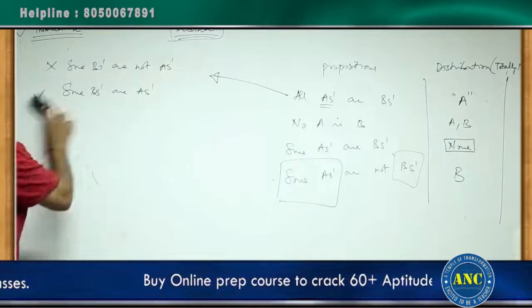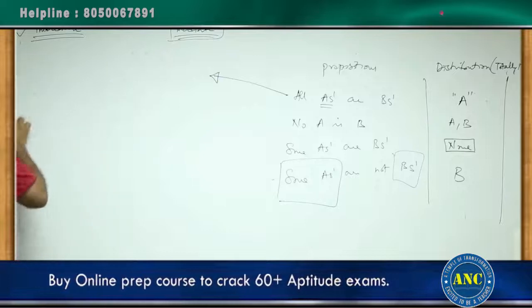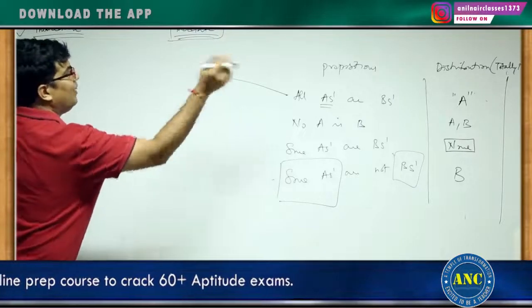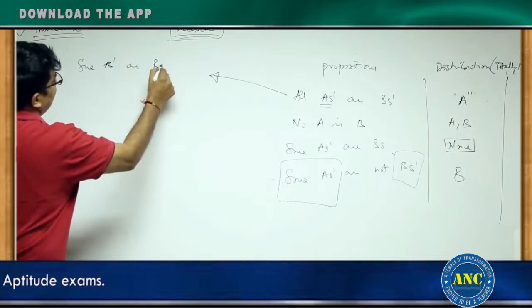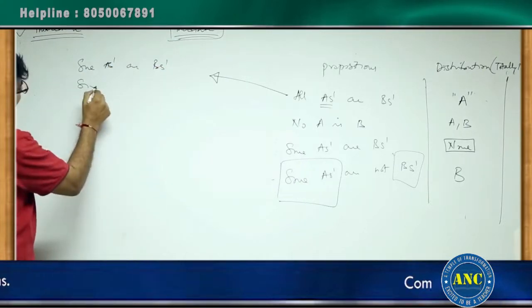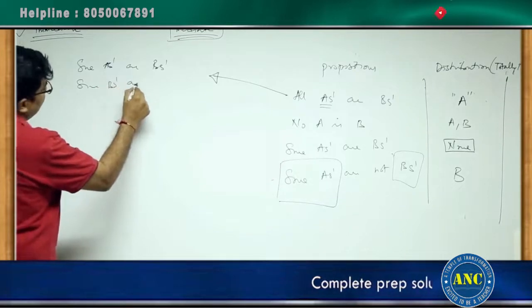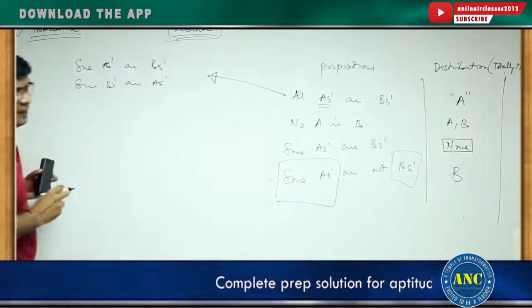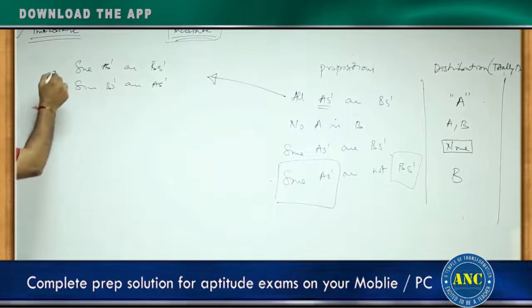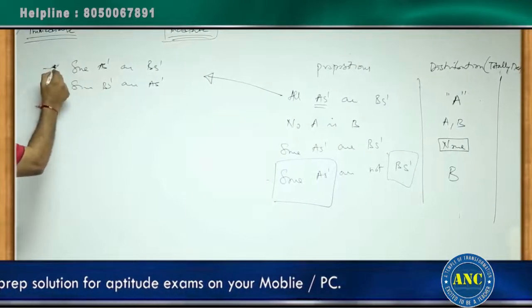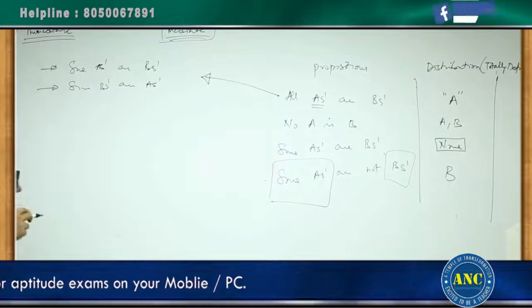Without even a single doubt in your mind, you can confidently say, because all A's are B's, I can say that some A's are B's and some B's are A's. Are you okay? Yes. So these are the two immediate inferences that can be drawn.